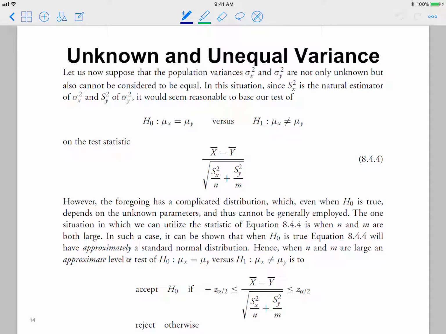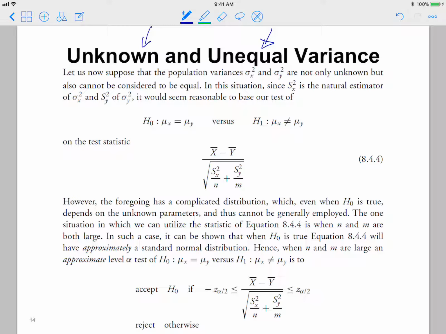Okay, and then let's move to the next. Probably the most difficult situation is where we have unknown variance, but also we do not assume they are equal. So they are assumed to be unequal. In that case, can we use a pooled variance? Pooled variance is no longer usable, right?